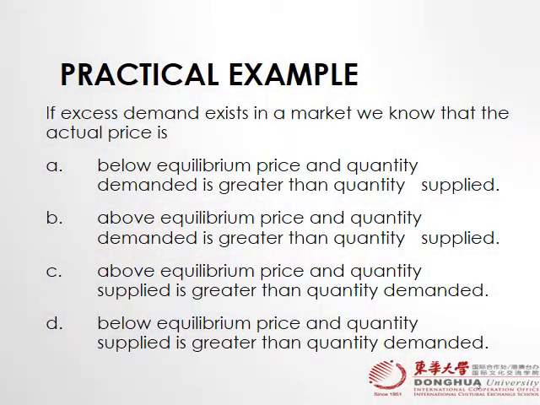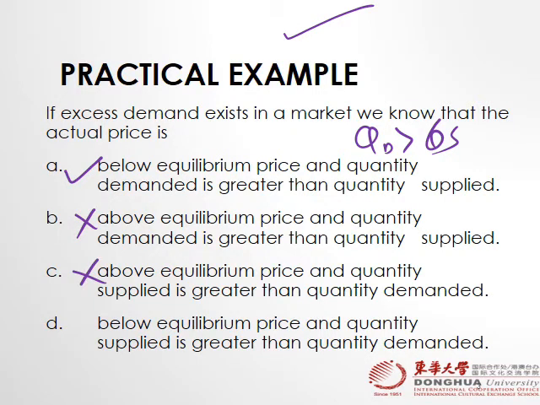Our next practical example is: if excess demand exists in a market, we know that the actual price is, tell me about that. It is below the equilibrium price and quantity demanded is greater than quantity supplied. Yes. Above the equilibrium? No way.